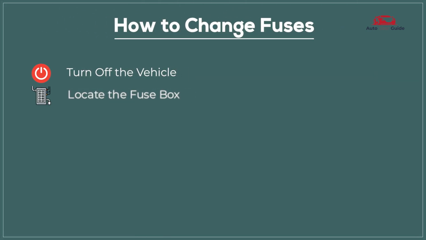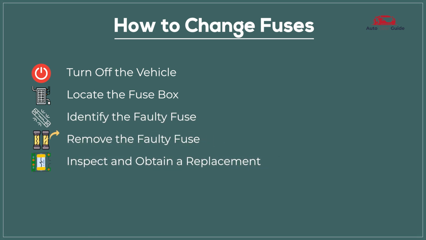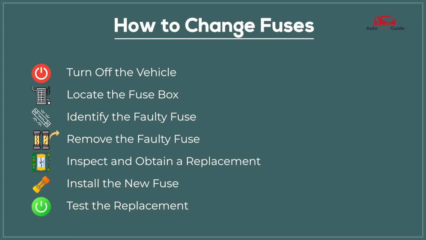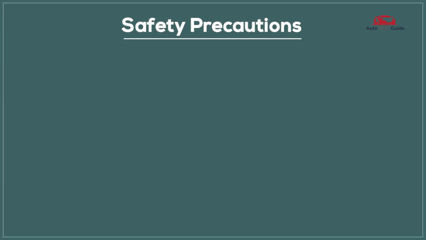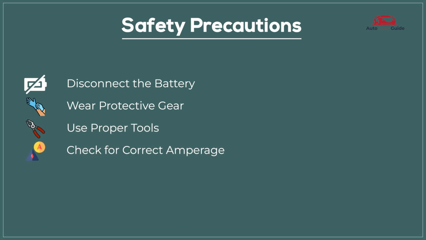Turn off the vehicle, locate the fuse box, identify the faulty fuse, remove the faulty fuse, inspect and obtain a replacement, install the new fuse, test the replacement. Safety precautions. Disconnect the battery, wear protective gear, use proper tools, check for correct amperage, avoid water exposure.